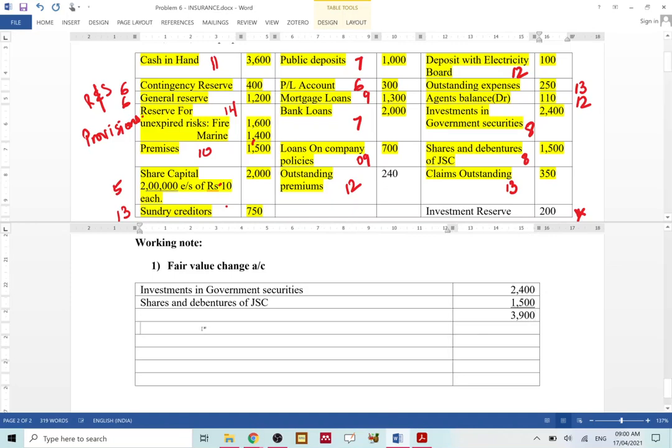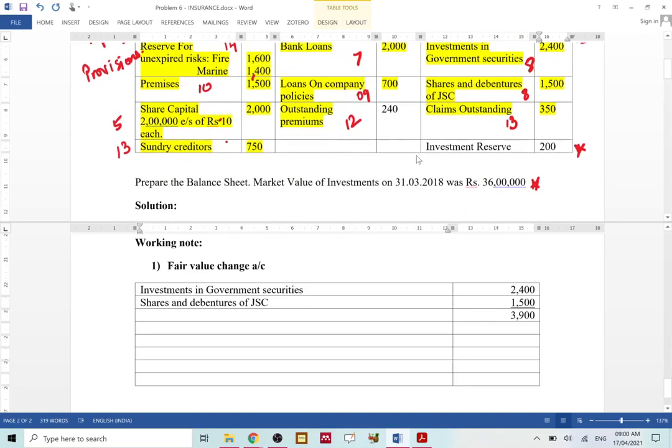Now this is the value at which you have recorded these investments in your books of accounts. According to you, this is the value of your investment. Now this value may be different from the actual market value of those investments, right?